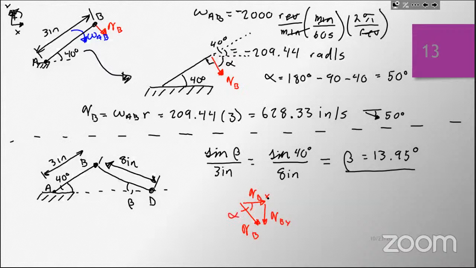It's the sine or the cosine? The cosine. Exactly. That means that the y direction is what? The sine. Is the x direction positive or negative? Is my x velocity for point B positive or is it negative?